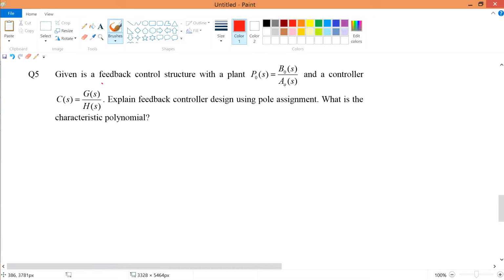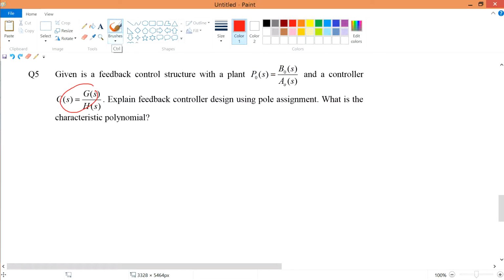Given is a feedback control structure with a plant this one and a controller this one. Explain the feedback controller design using the pole assignment. And what is the characteristic polynomial? Know that until certain points your plant is going to be unstable, and therefore you want a controller to control your plant.